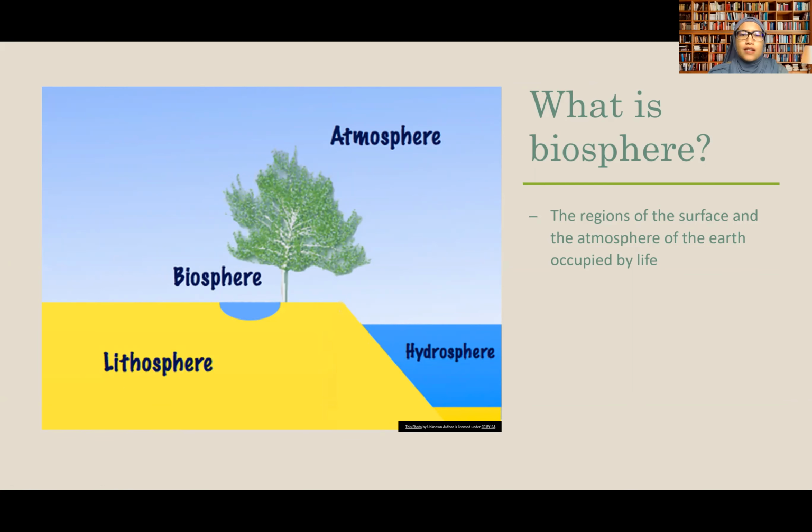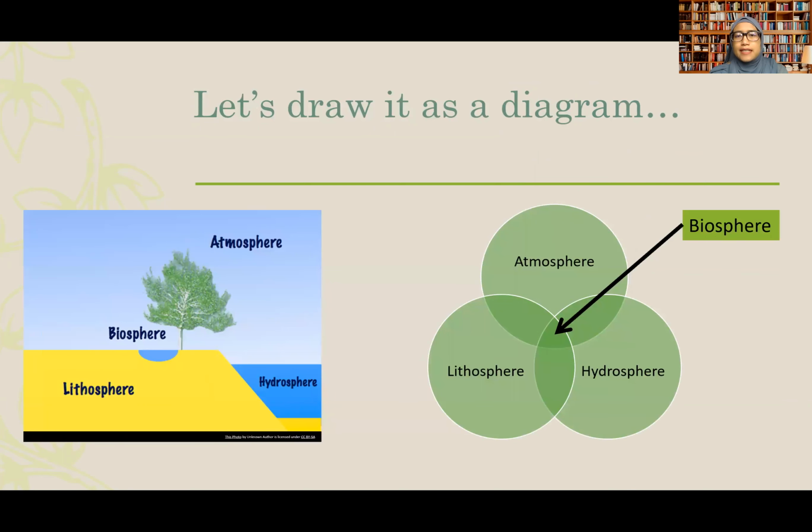So if we draw it as a diagram, it will look like this. Atmosphere, lithosphere, hydrosphere, and then biosphere is over there in the middle.